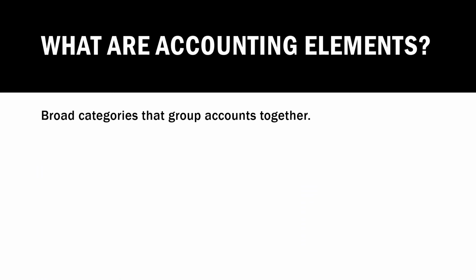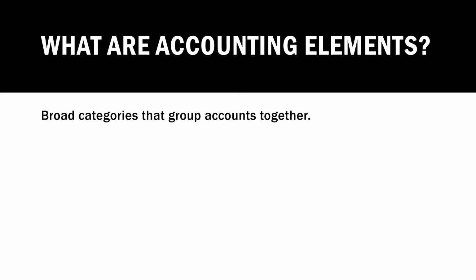What are accounting elements? In short, I would say that accounting elements are basically broad categories that group accounts together. This kind of accounting elements is actually different from what you typically know in the periodic table. Now, there are about 118 chemical elements there, but they are not groups per se.